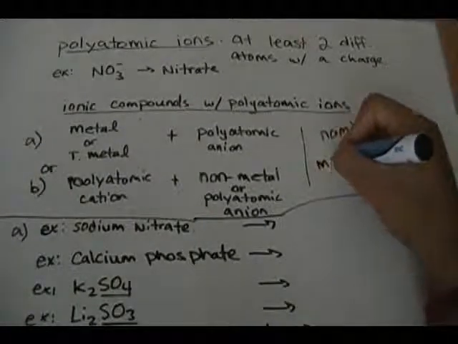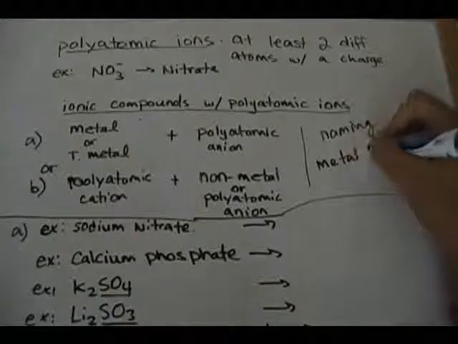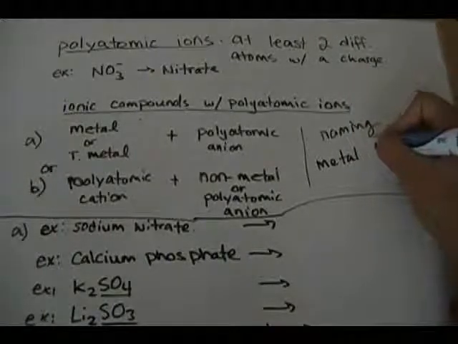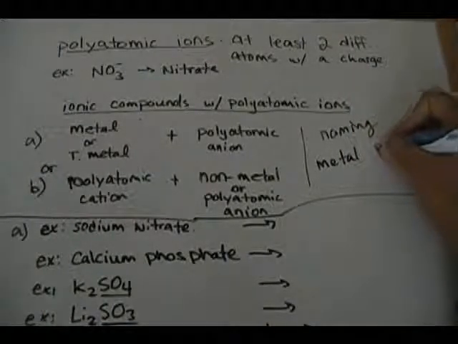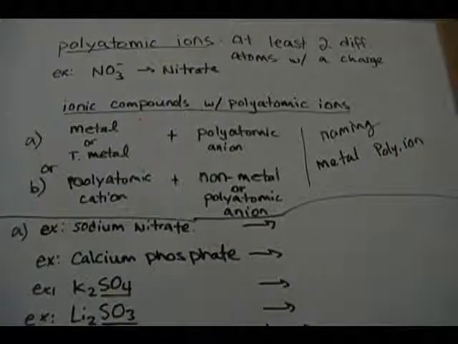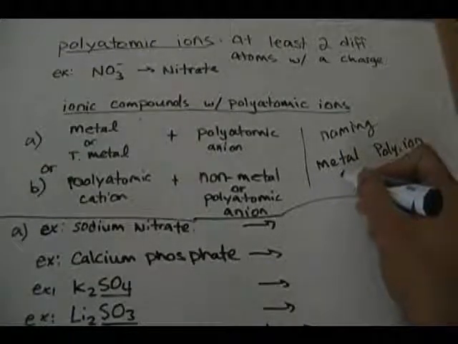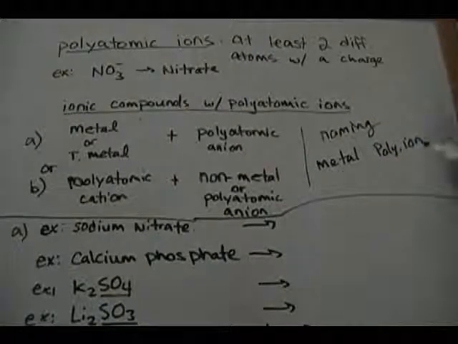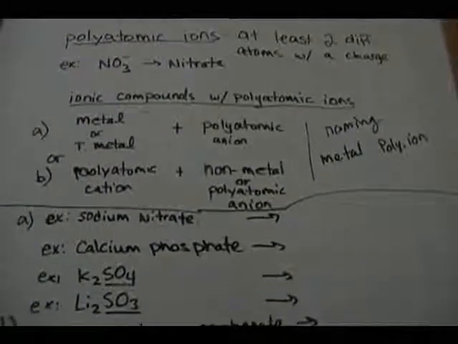You just have to put the metal word, then followed by the polyatomic ion. That's it, okay? That's the whole naming of it. The metal, then the polyatomic ion. So it's going to be the positively charged thing first in regards to naming, followed by the negatively charged thing second, okay?